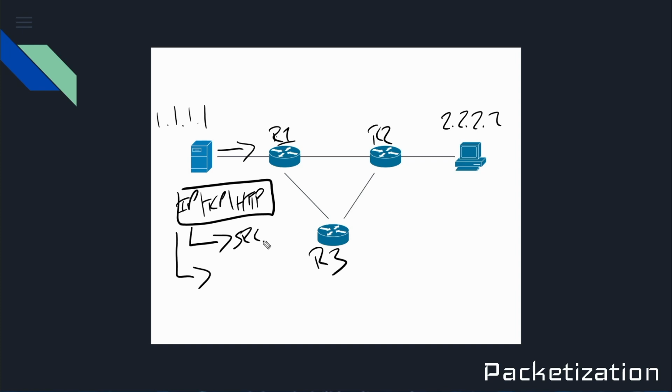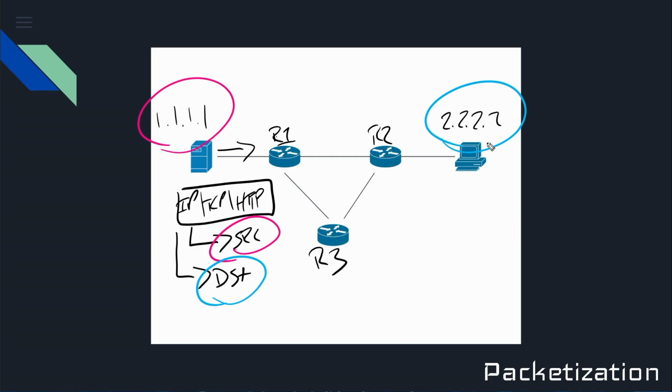There is a source address, and there is a destination address. So the source address is going to be the server, and the destination address is going to be the client. So router 1 is going to get this packet, and it's going to look at the destination address, and it's going to compare that against its list of known routes to make a forwarding decision.